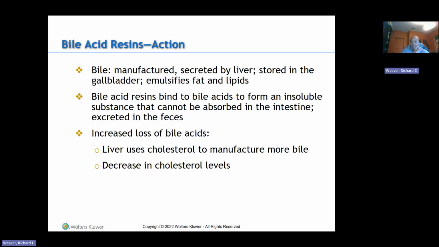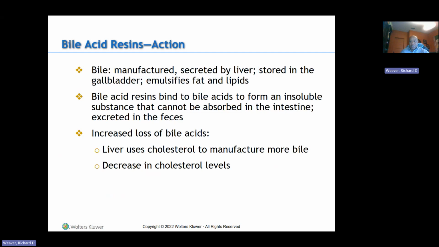So it comes out in the feces. So with this increased loss of bile acids, the liver is now going to turn to the cholesterol that one has in their blood and try to manufacture more bile. See, the idea is we're trying to make it where the body has less bile, and then the liver is going to try to make more bile.